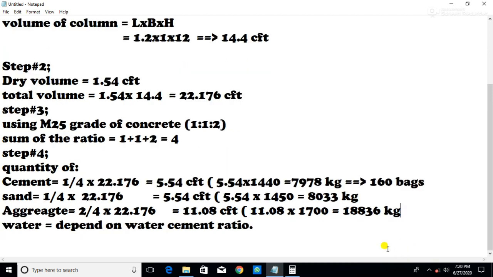The quantity of water depends on the water cement ratio for the concrete. So guys, here we have found the cement quantity, which is 160 bags, the sand, which is 8033 kg, and the aggregate, which is 18,836 kg.